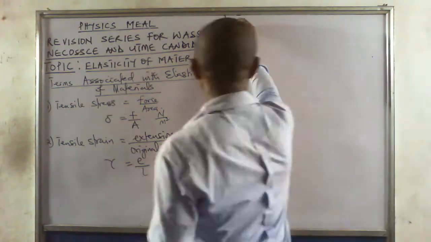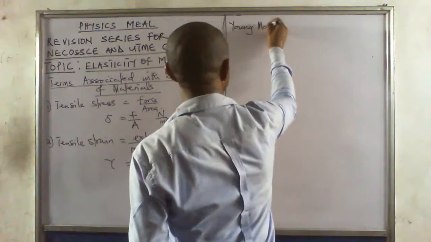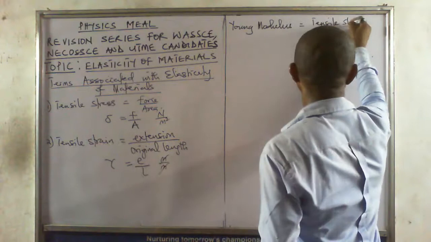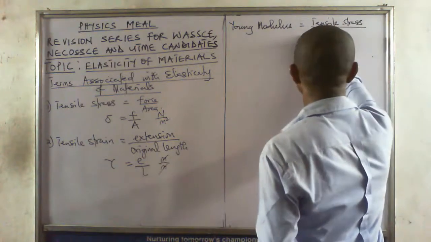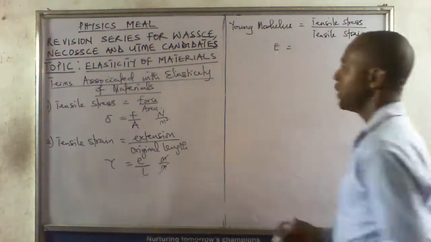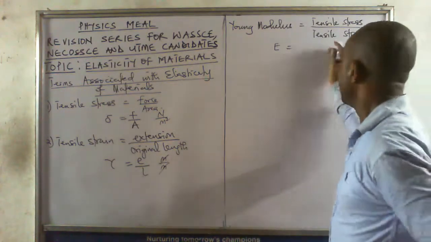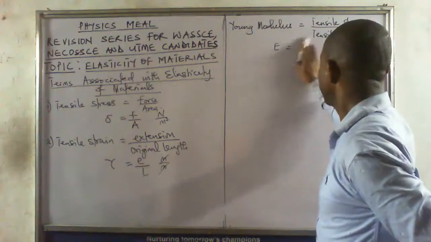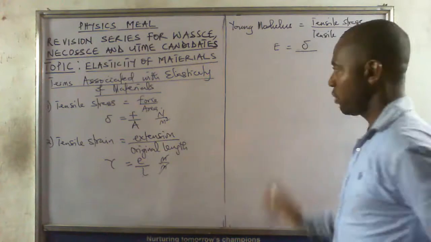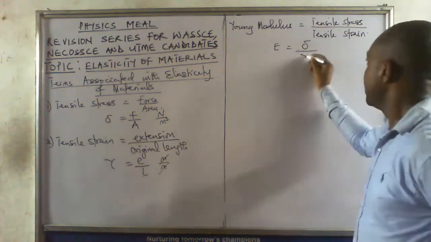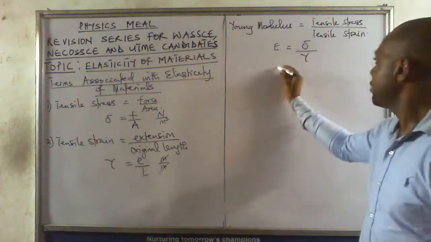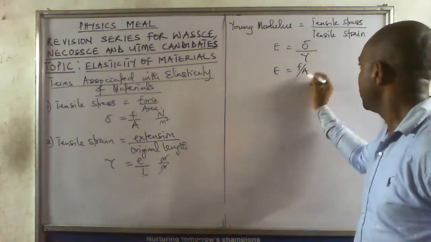Now we have their elder brother, we call the Young modulus. Young modulus is the ratio of tensile stress to tensile strain. We usually use E to represent the Young modulus. That means E will give us tensile stress, which I have called sigma, over strain. You can develop your own symbol anyway. We can go further to incorporate these two into this. What is stress? Stress is force per unit area.